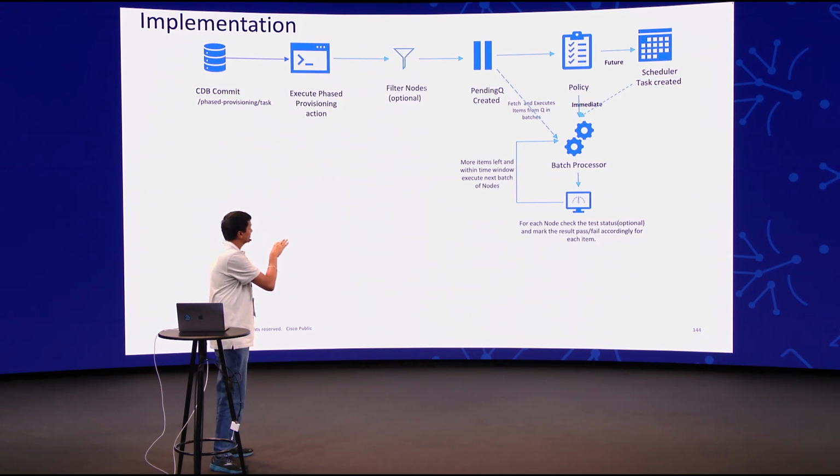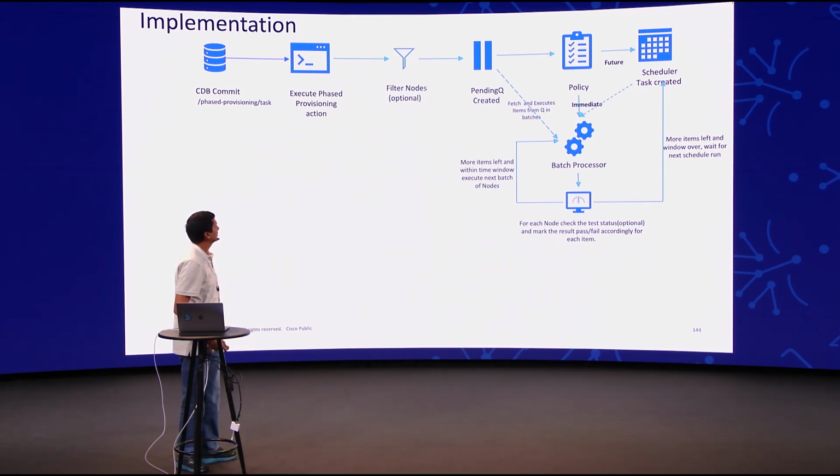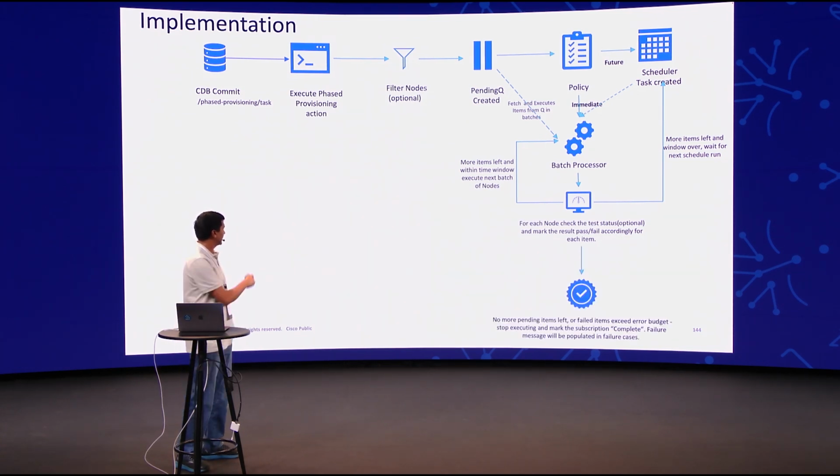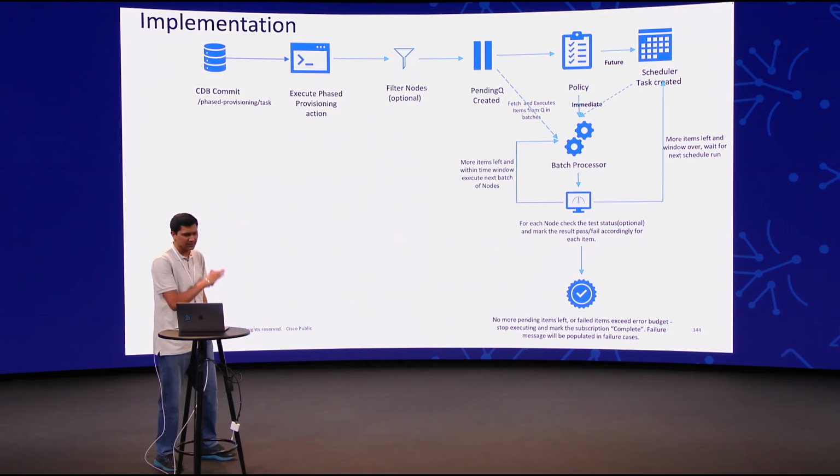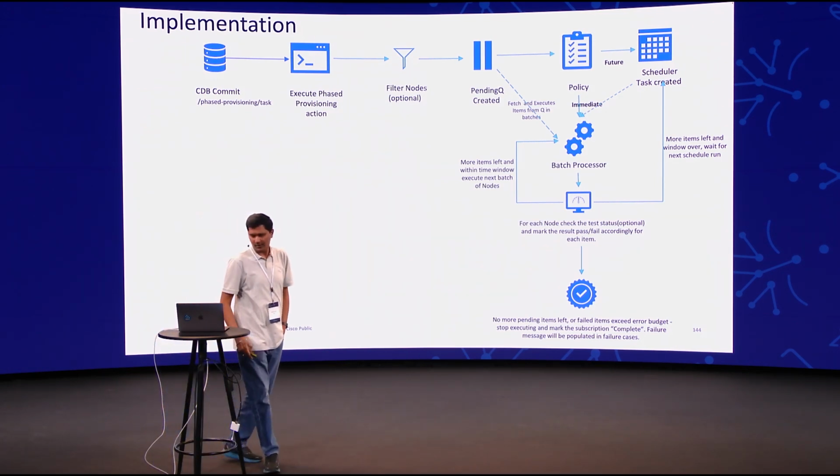Once the time window is done and there are still items left in the queue, it will just wait for the next scheduler run to kick off. At any time, if the error budget has depleted, then it will suspend the execution. Or if all items are done, then it will come to a stop, right? So that's the internal flow.